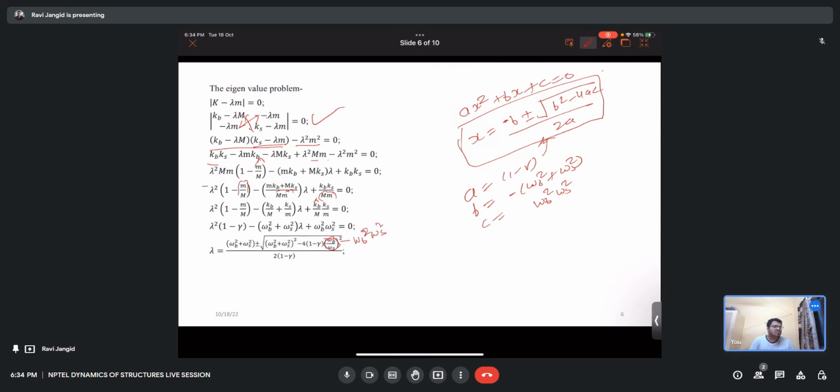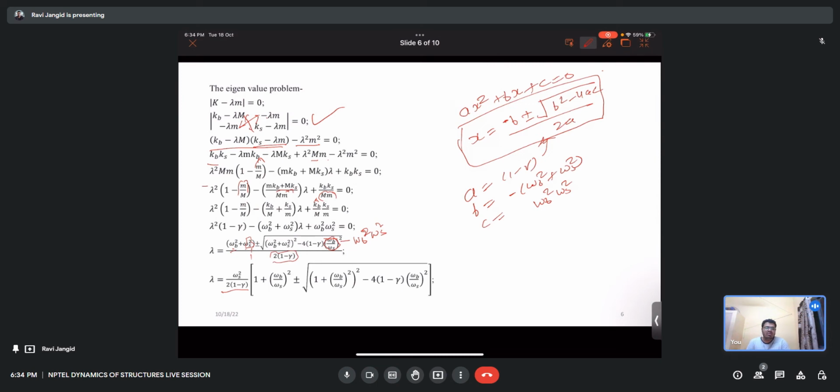Further, I will take omega s outside from this equation. If I take omega s outside, and the 2 times 1 minus gamma is also taken outside, then omega s square taken outside makes this term become 1. This term becomes omega b by omega s whole square, plus minus in the root.